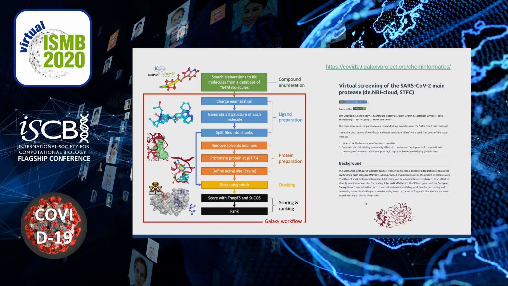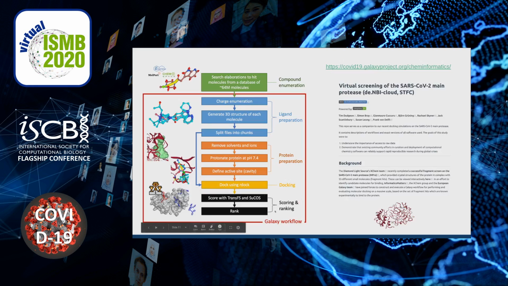In cooperation with Diamond and with the synchrotron in the UK, we had access to a crystal structure of the main protease. And Diamond approached us to develop a workflow that is reproducible and that is open from day one to actually do a fragment-based drug screening. So we had some fragments that were crystallized in the MPro crystal structure.